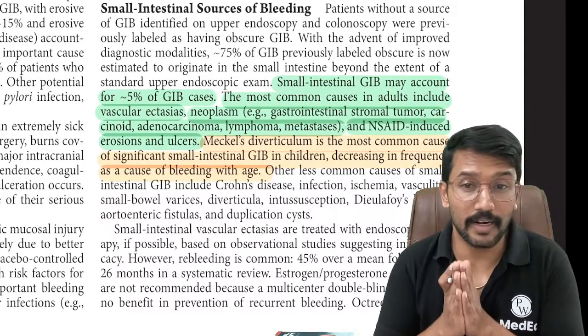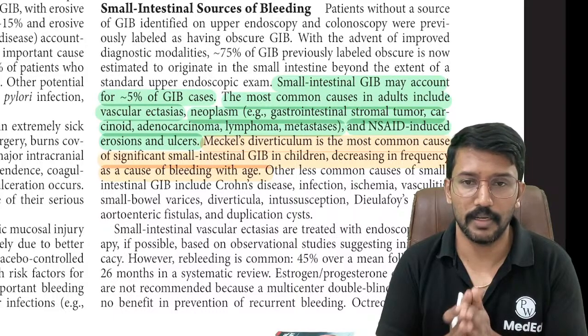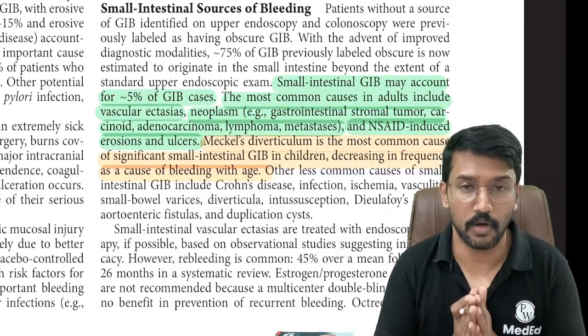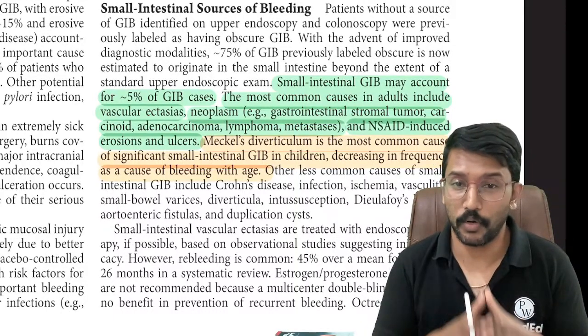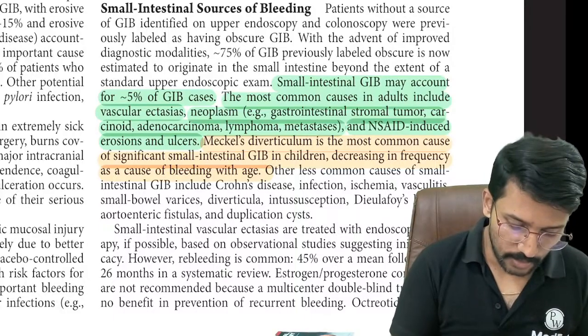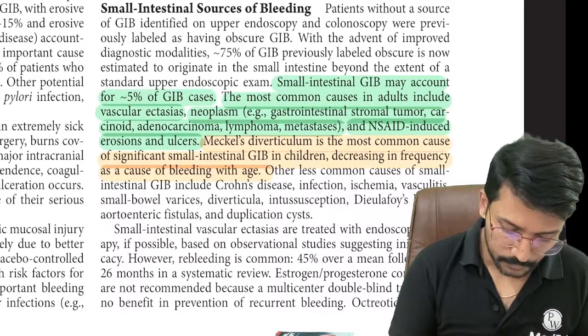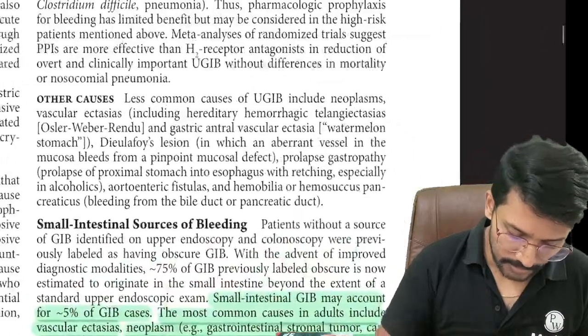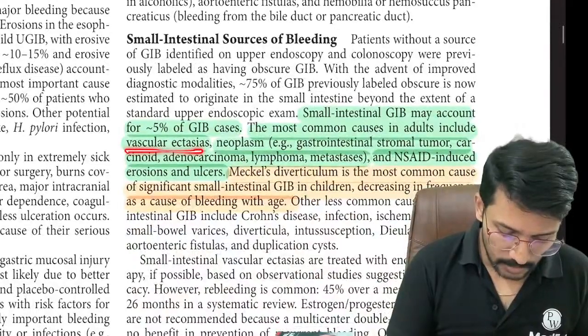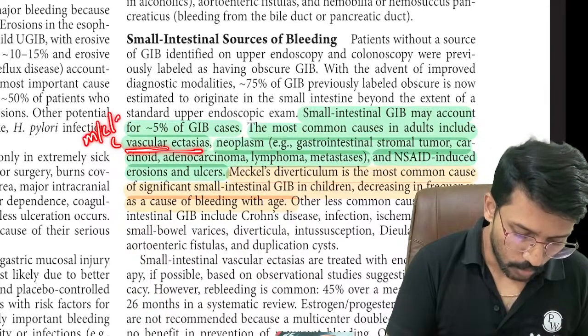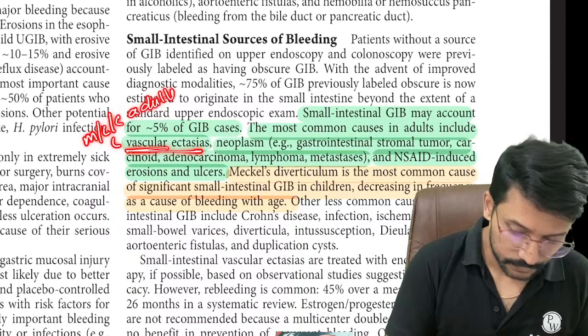On the other hand, if an adult presents with gastrointestinal bleed and upper and lower GI endoscopy turn out to be normal, in that case, I should possibly suspect the vascular ectasias, small intestinal vascular ectasias. These are the most common cause in adults.